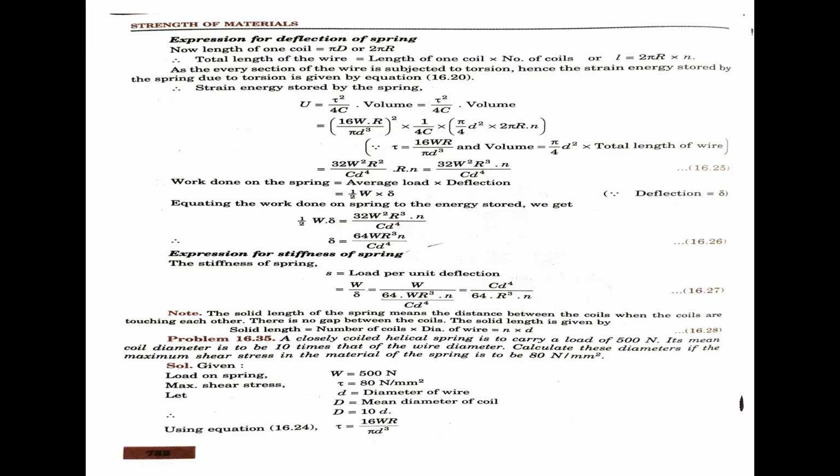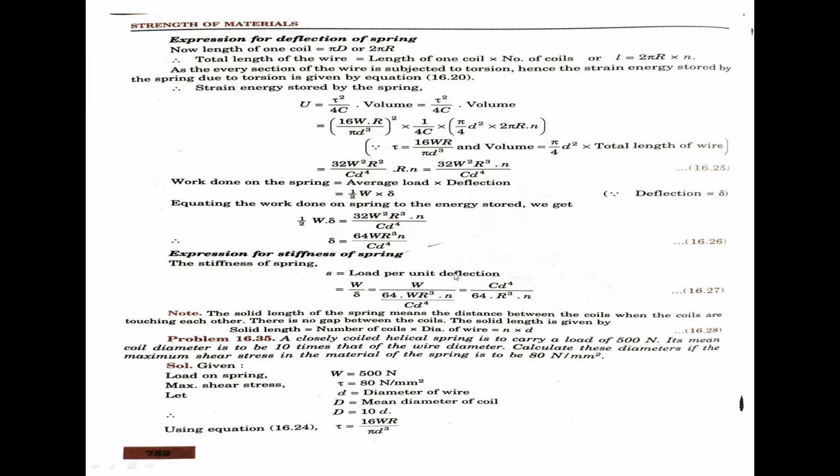For solid coils there is no distance between coils. Calculate the solid length of the spring using the formula number of coils into diameter of wire, n into d.